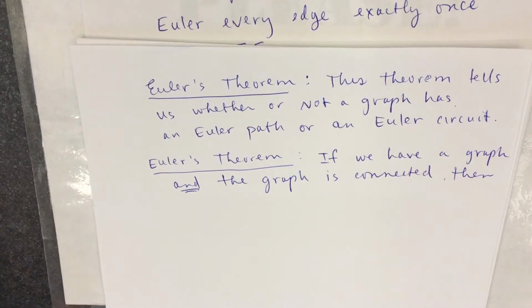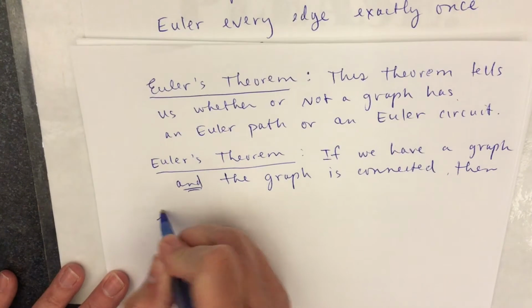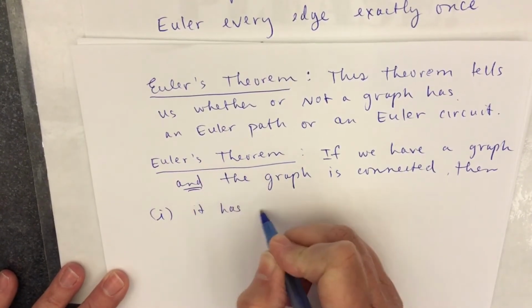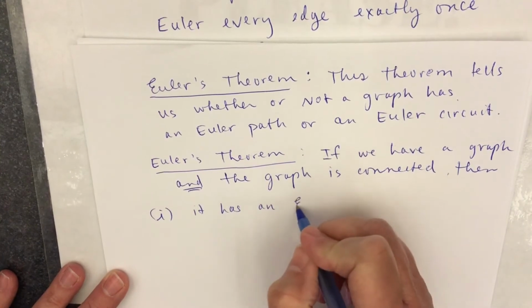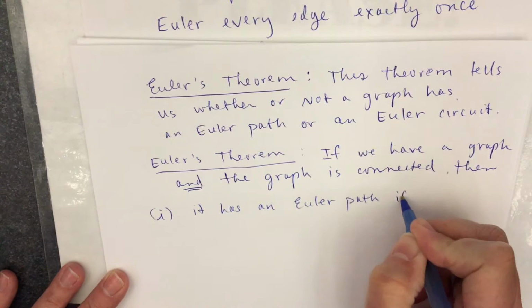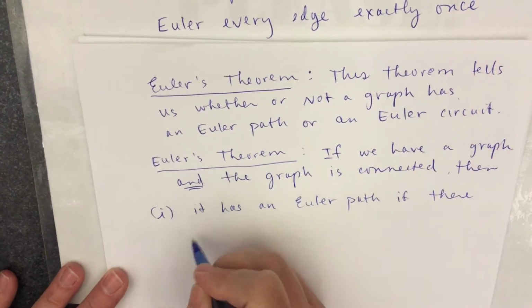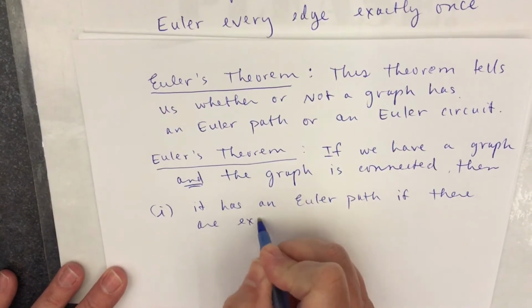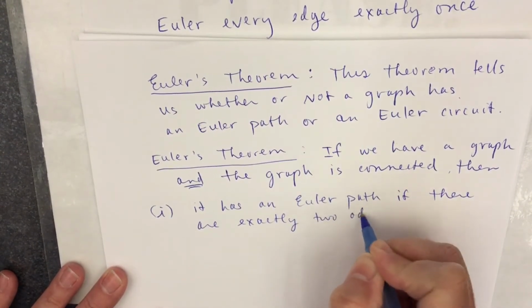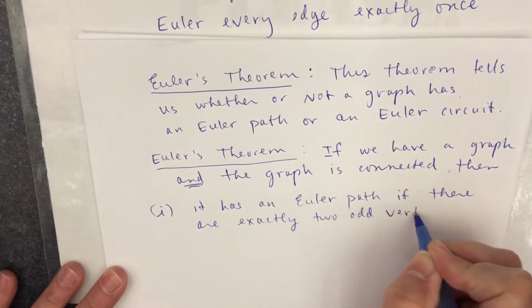there's three parts to this theorem. Number one, it has an Euler path if there are exactly two odd vertices.